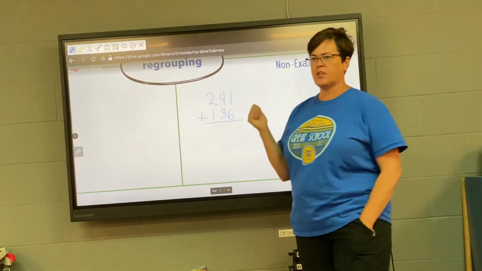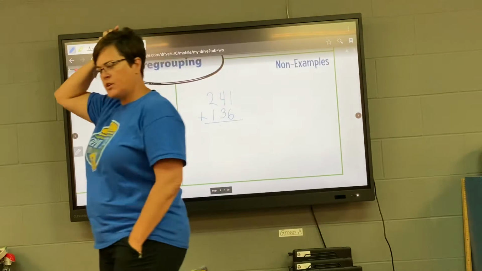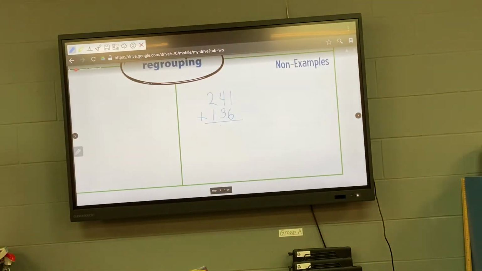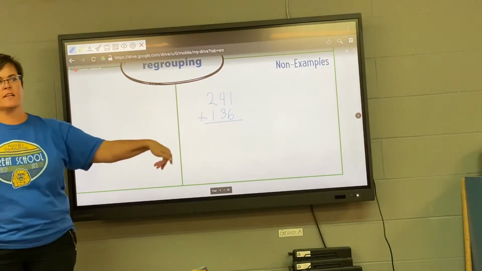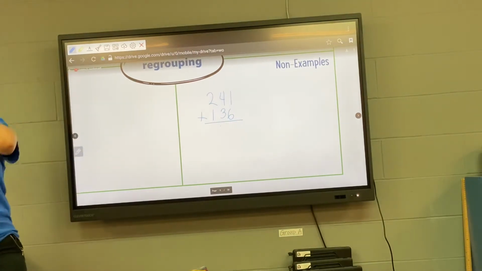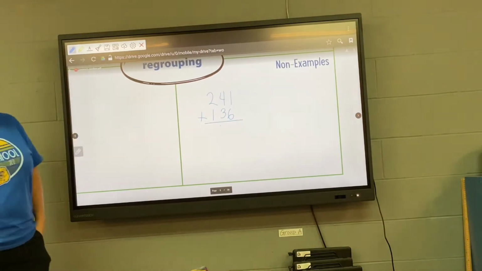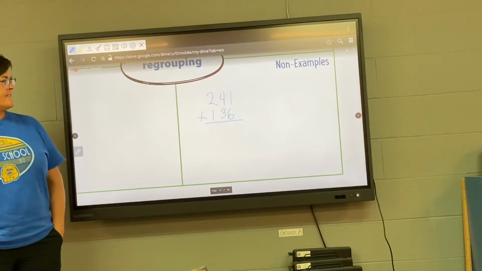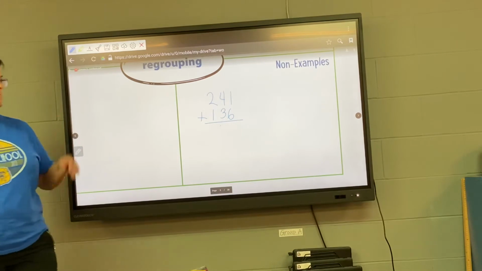Check it to make sure. Add those up. Make sure that I didn't goof up because you don't want any regrouping. Okay. So start adding in your ones and then add your tens and then add your hundreds. Basic plus or minus. We're adding this one.